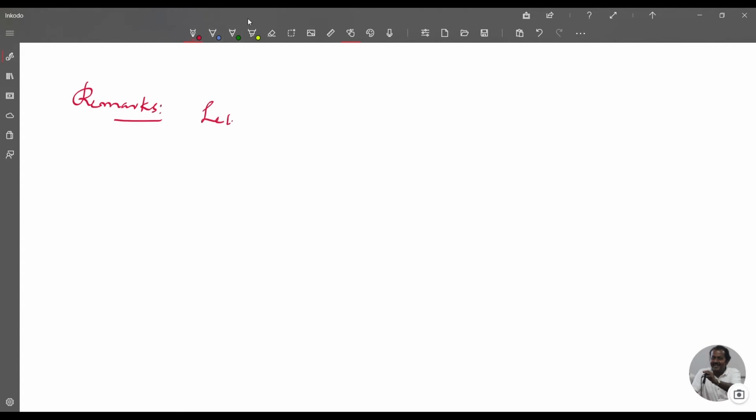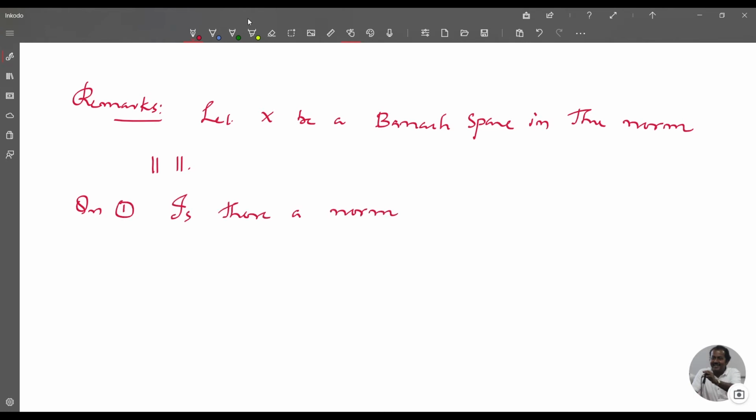Let X be a Banach space in the norm. So the following question arises. Question number 1. Is there a norm dash on X which is comparable to the norm but in which X is not complete?